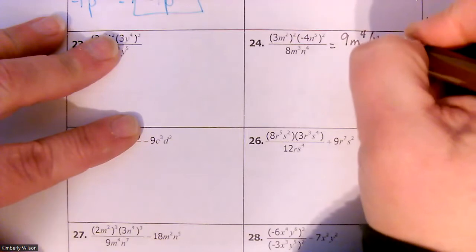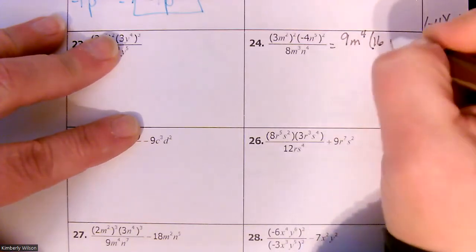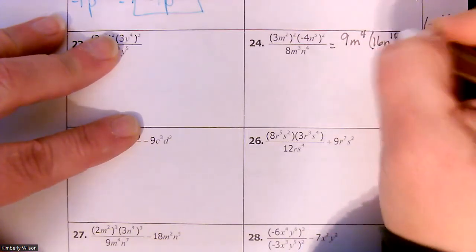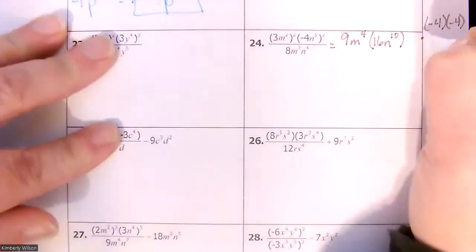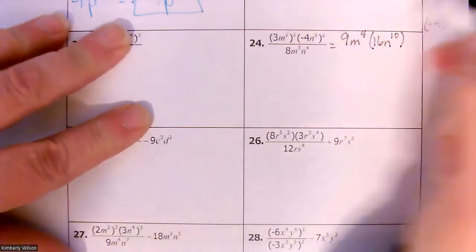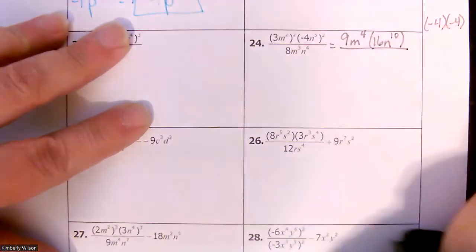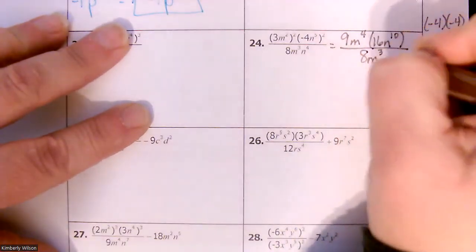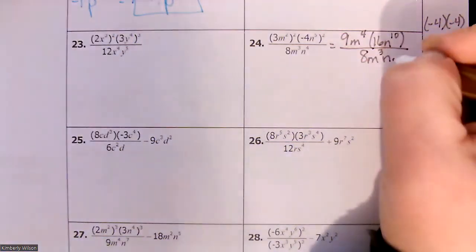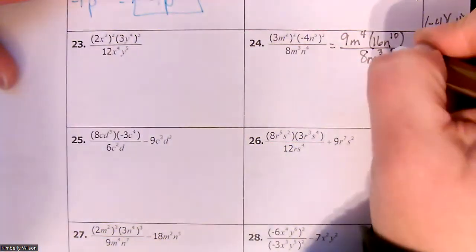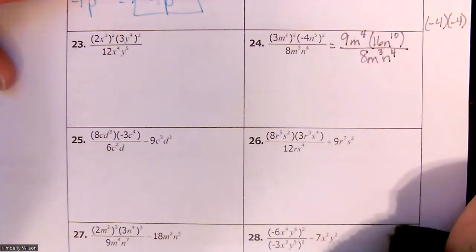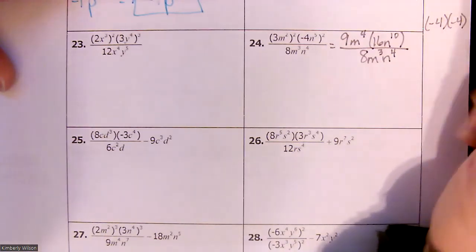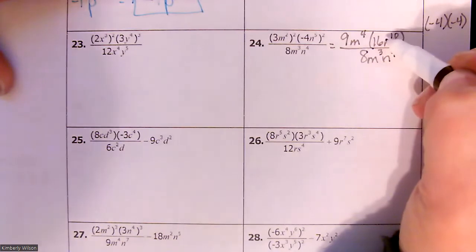So that's going to give me a positive 16 n to the 10th, all over 8 m to the 3rd n to the 4th.